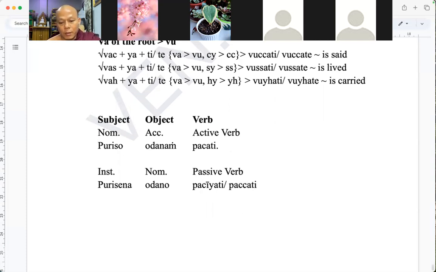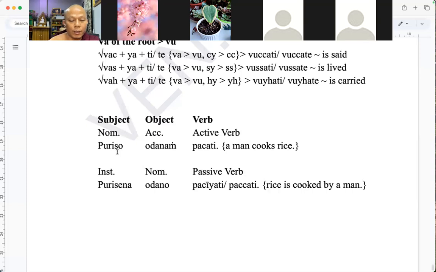So the meaning is, a man cooks rice, right? But here, rice is cooked by a man. So in this way.